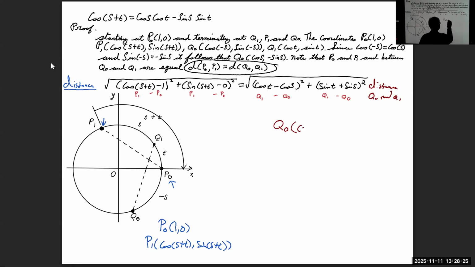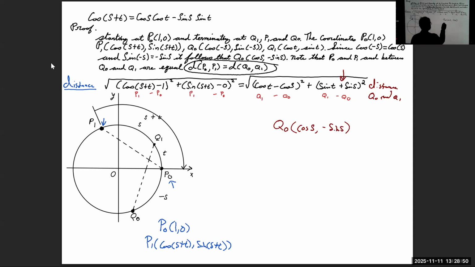So we have cosine of negative s, but wouldn't that just be cosine s? And then sine of negative s would be equivalent to negative sine s. And that makes that positive. This changes that sign right there, makes it positive.